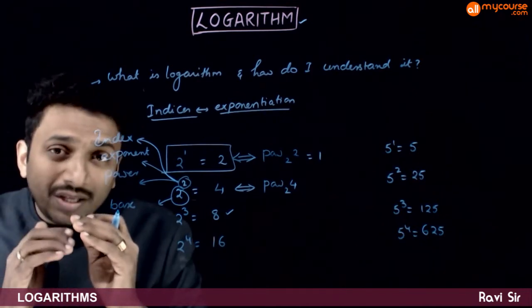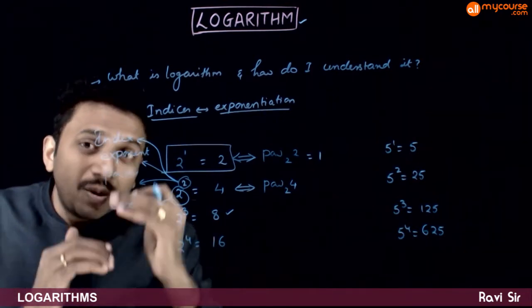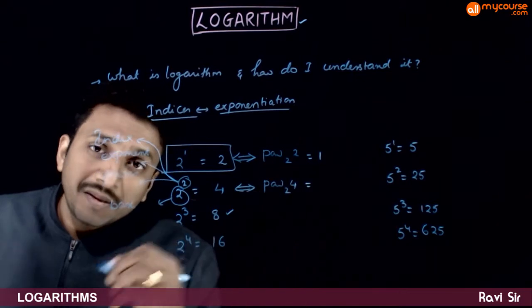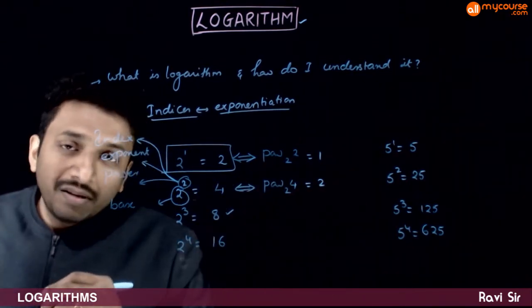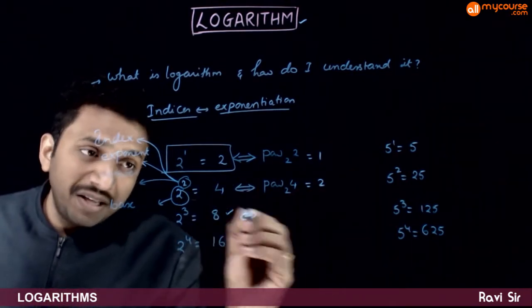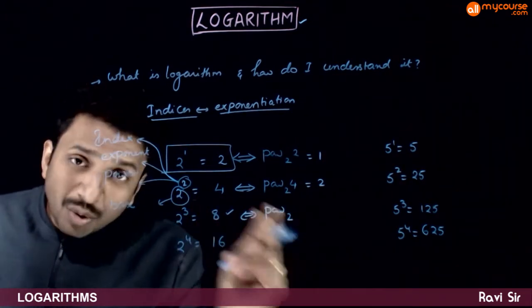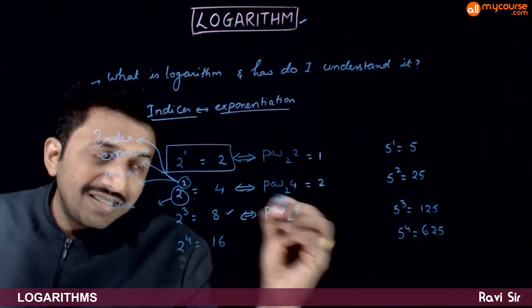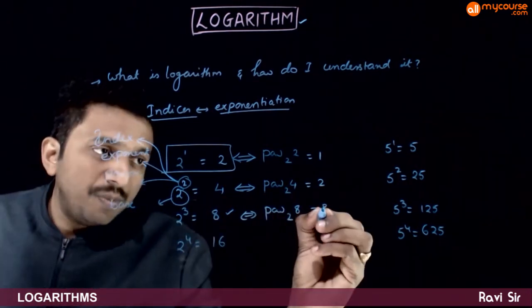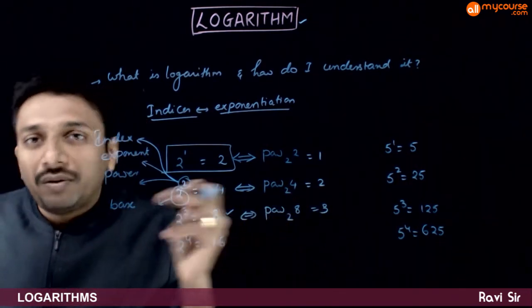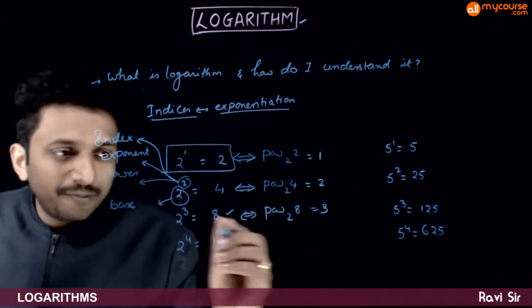The answer should be 2. And what is the power to which base 2 has to be raised to get 8 as the answer? The answer should be 3, right? 2 has to be raised to the power 3 to get 8 as the answer.